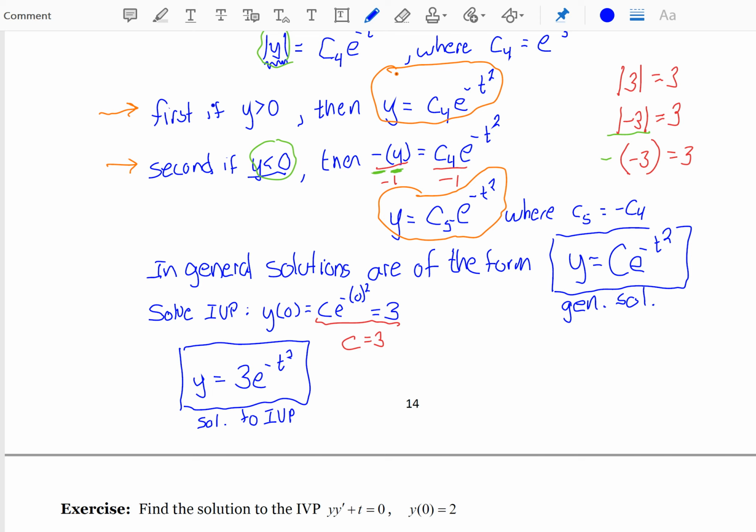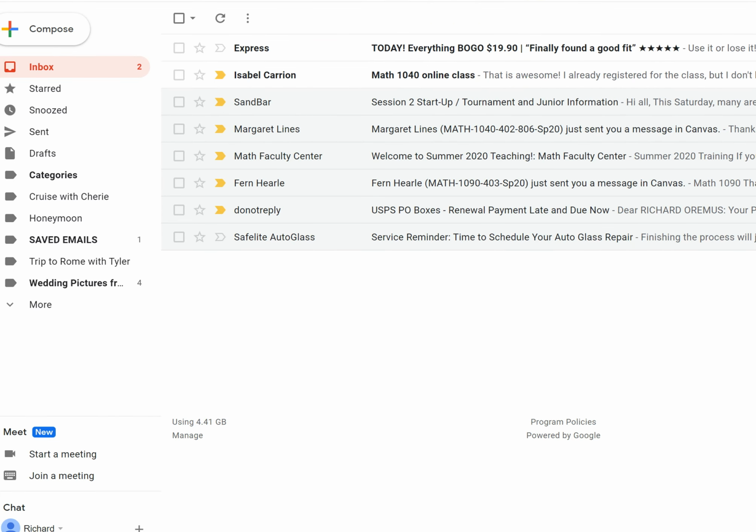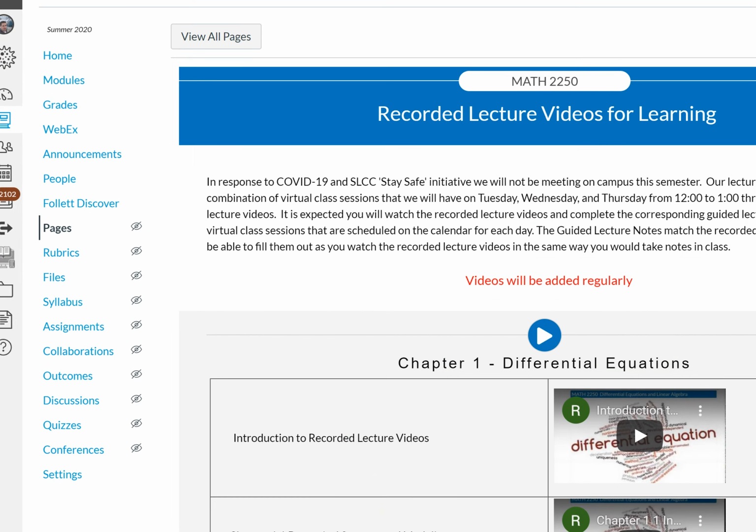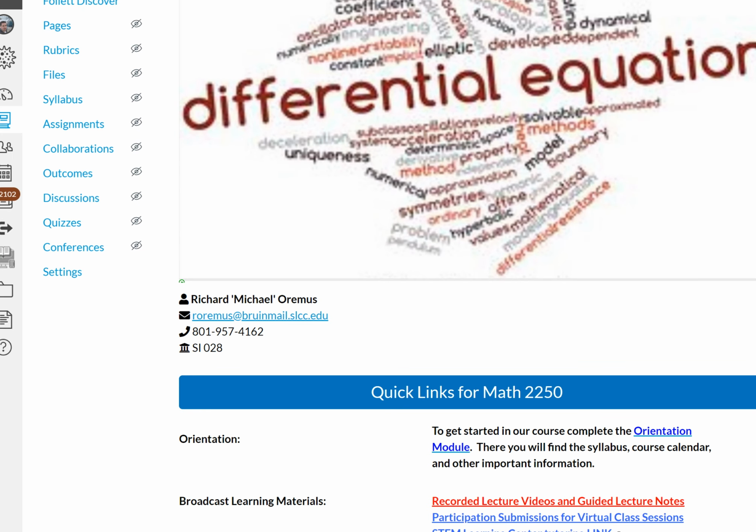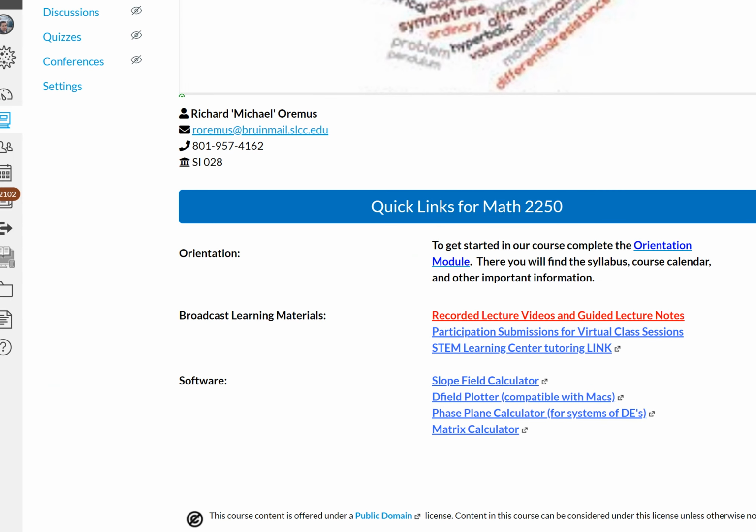Now, before I go into another problem, I want to tie this in with a problem that we were talking about yesterday. Yesterday, we were talking about direction fields. So let's look at this problem from another point of view, from direction fields. And to help us with this, I'm going to go back to our differential equations Canvas course. Remember, on our Canvas homepage, under the quick links, I put a link for your D-field plotter.